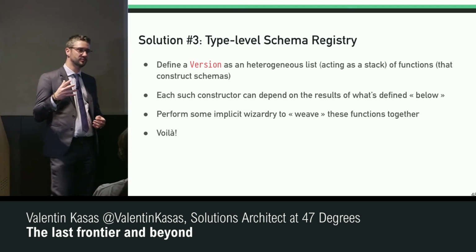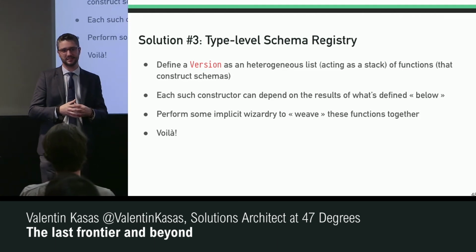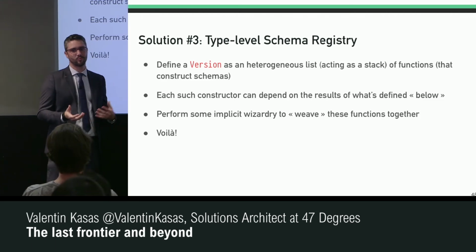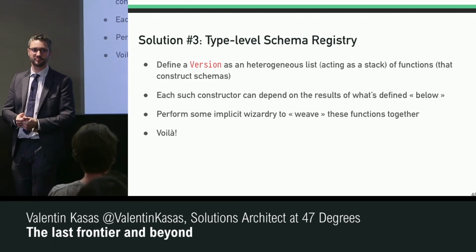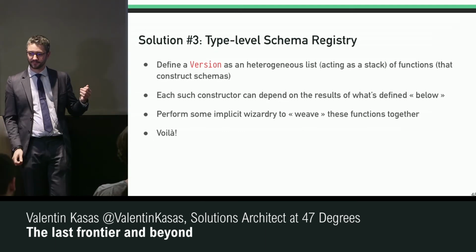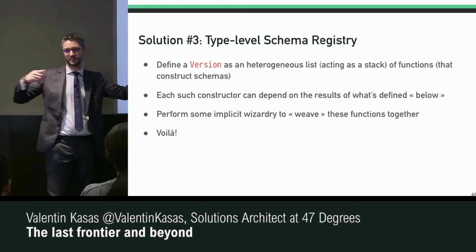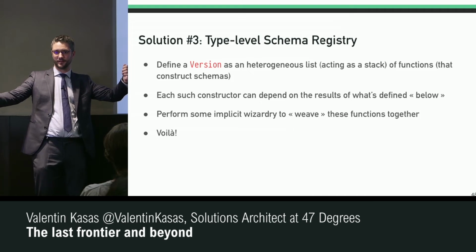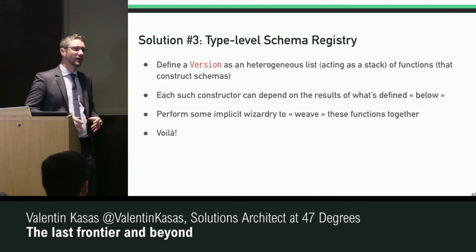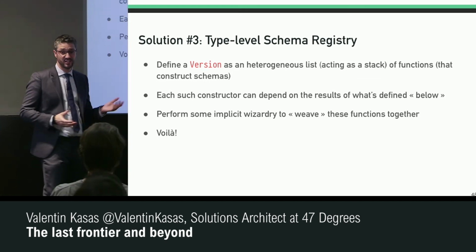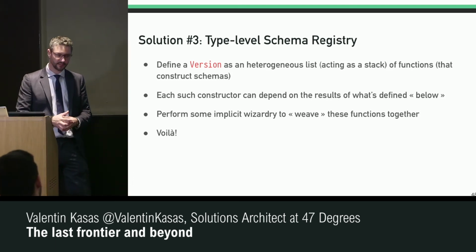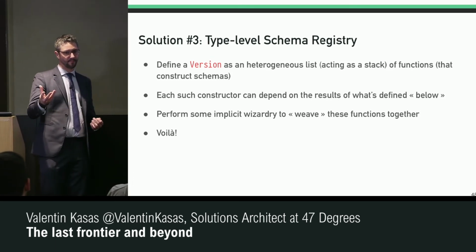The idea is, instead of building directly your big schema, you build what could be called a dependency tree, saying, for example, that this schema needs this schema. So we have called that version, and it's basically an HList, a list of heterogeneous types, that acts as a stack.